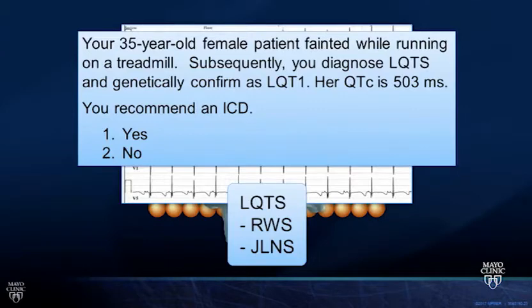And even before the genetic test came back, you predicted LQT1 status, and you were right. And her QTc at rest is 503. You'll recommend an ICD. Who will recommend an ICD as part of her therapy? A couple. Who will not? Great. Well, by the end, you're going to be confident in a no answer.